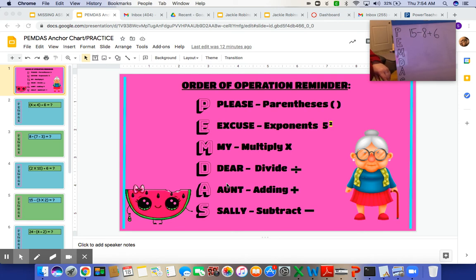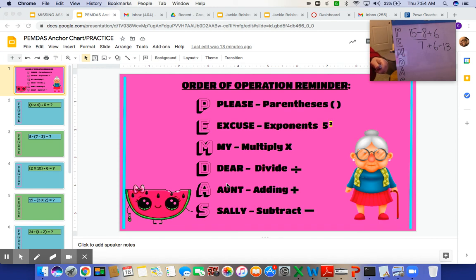If you just have addition and subtraction, you're just going to work from the left part of the problem to the right part of the problem. So 15 minus 8 would be our first thing that we're going to solve. So 15 minus 8 is 7, then the plus sign, and 6. So 7 plus 6 equals 13.